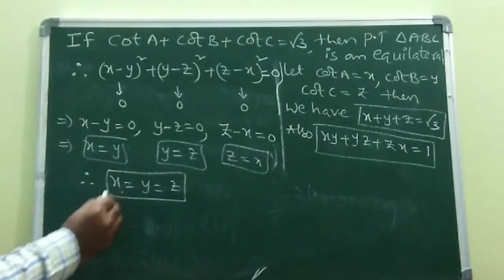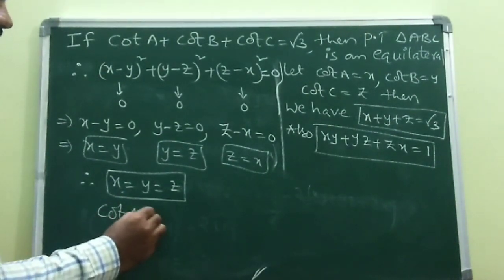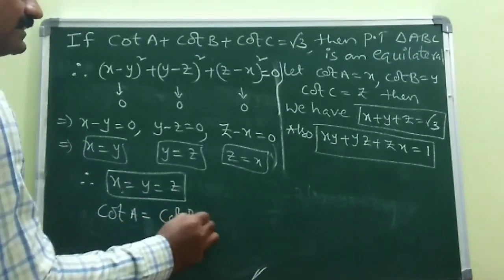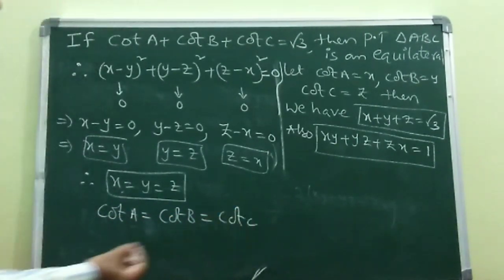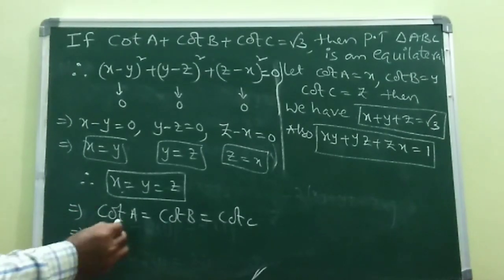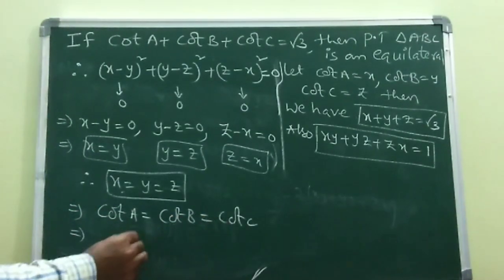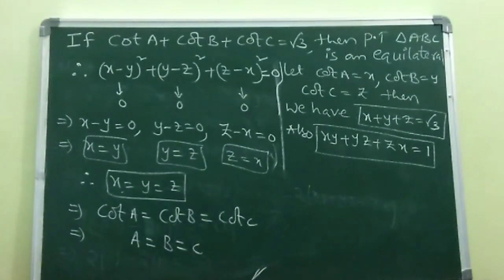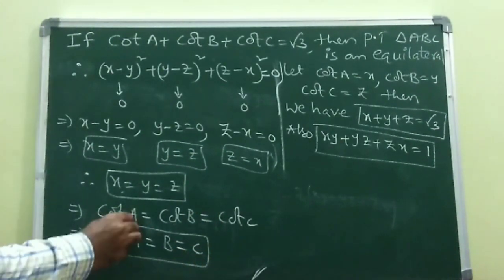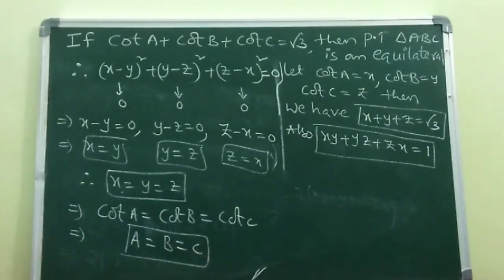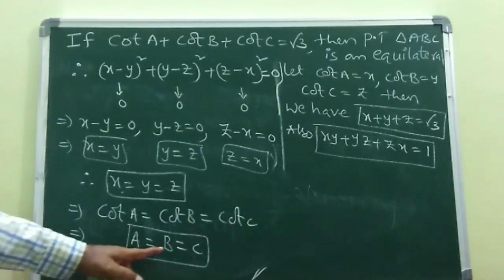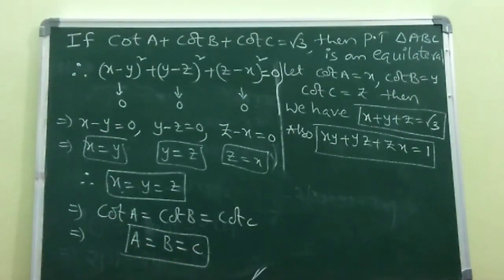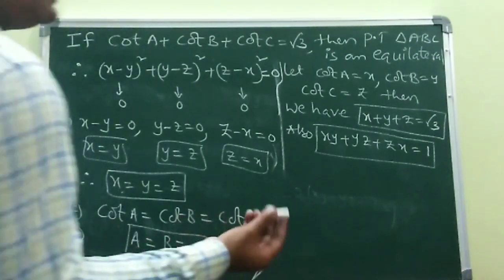That means what is x? Cot A is equal to cot B is equal to cot C. Isn't it? So if cot ratios are the same, it means that the angles must be the same, no? A is equal to B is equal to C. So all the three angles are equal. Then definitely in a triangle, if all the three angles are equal, hence the triangle is equilateral, isn't it?